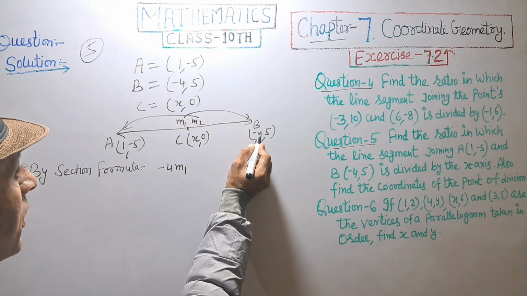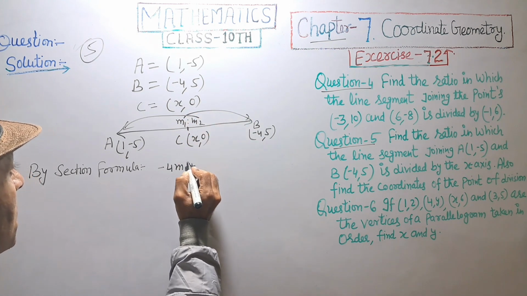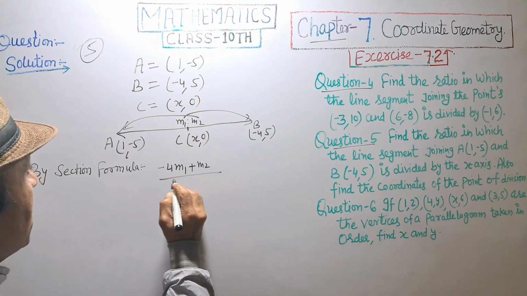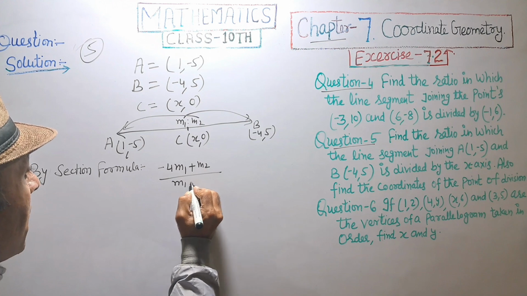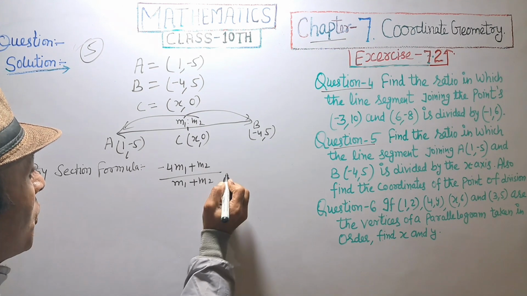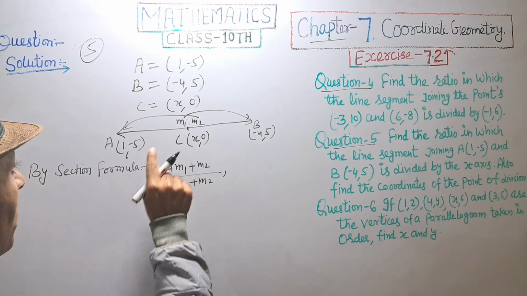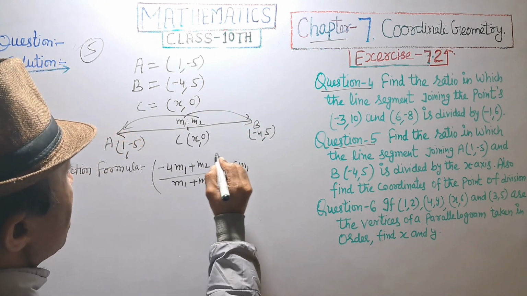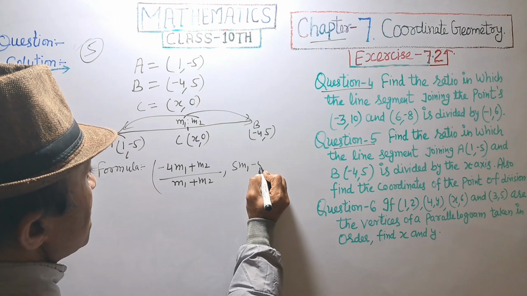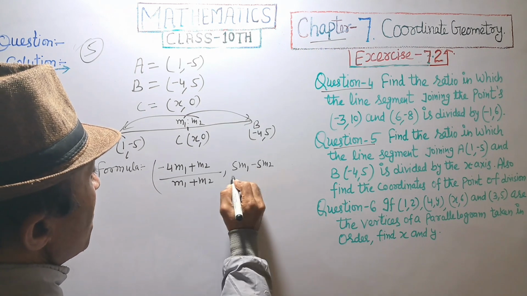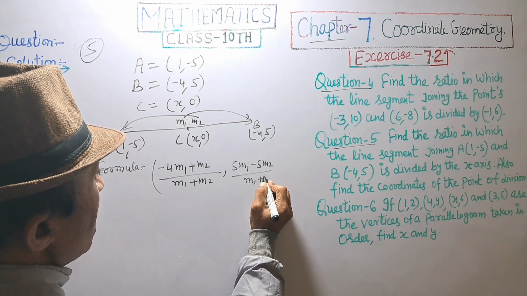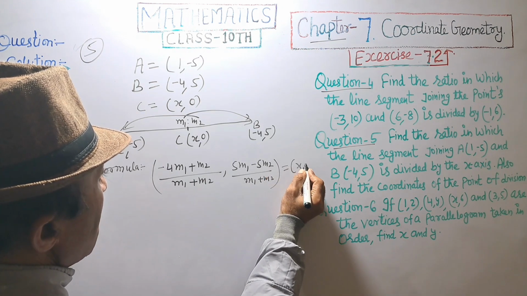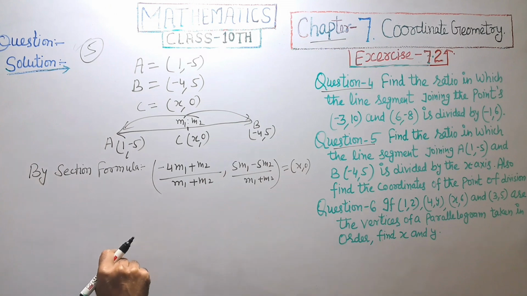(-4 m1 plus m2) divided by (m1 plus m2), (5 m1 minus 5 m2) divided by (m1 plus m2), that is equal to (x, 0).